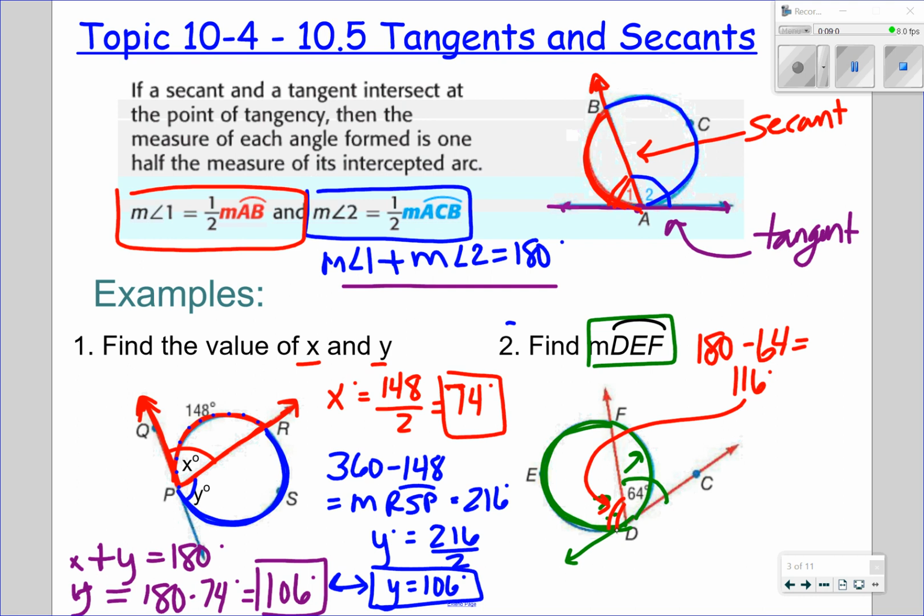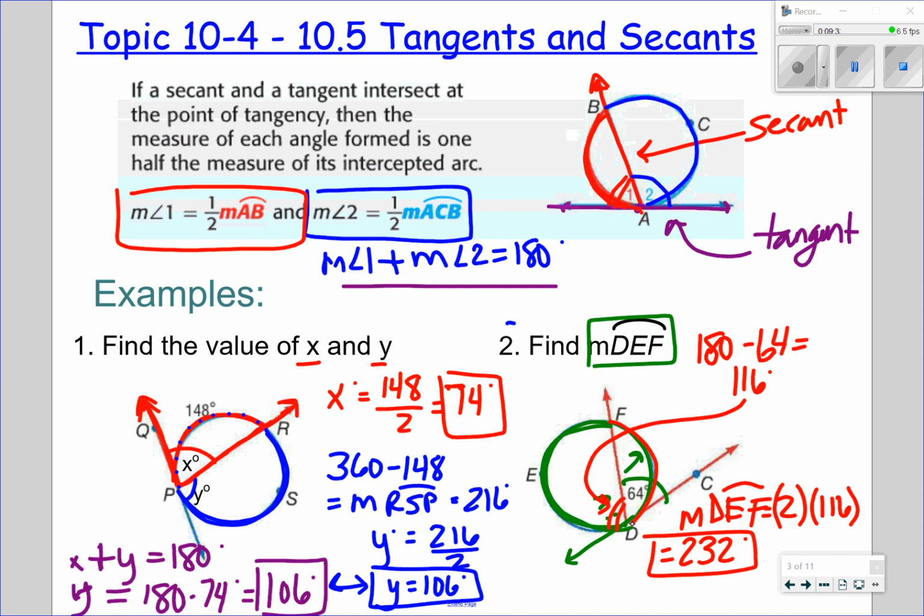So then that means that the measure of arc DEF should be 2 times that 116. And if you do that, you get 232. The other way then obviously would be doubles the 64 to get this arc, and then you could subtract that from 360. But either way is sufficient.